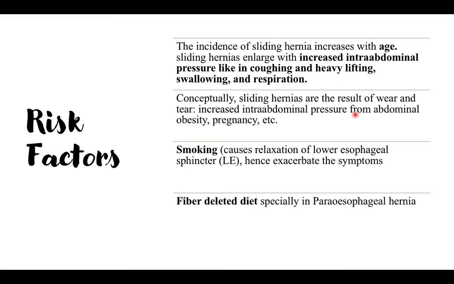Conceptually, sliding hernias are the result of wear and tear. Increased abdominal pressure, for example abdominal obesity and pregnancy, can also lead to hiatal hernia. Smoking. How? Because smoking causes relaxation of the lower esophageal sphincter and hence exacerbates the symptoms. A fiber-deficient diet, especially in the case of periesophageal hernia. So these are all the risk factors.